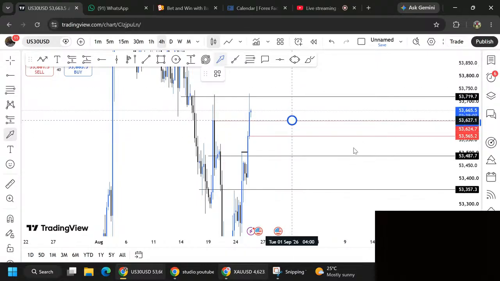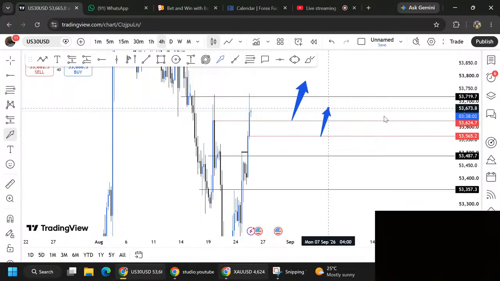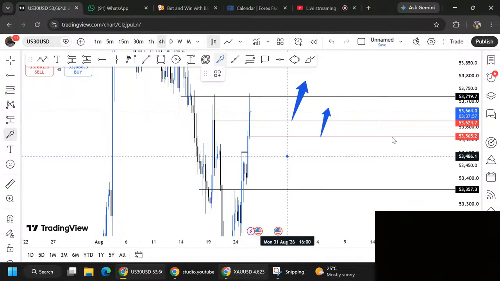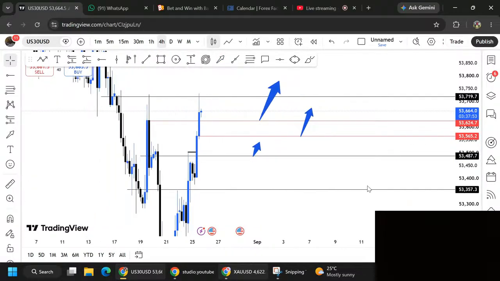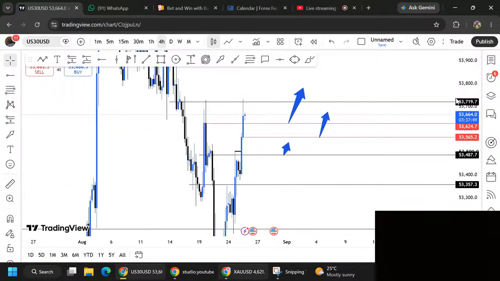There's a probability that we may have a reaction from here, or from here, or, since we are only looking at buys, we may have a reaction from here. So we're going to wait and see what price is going to give us today.